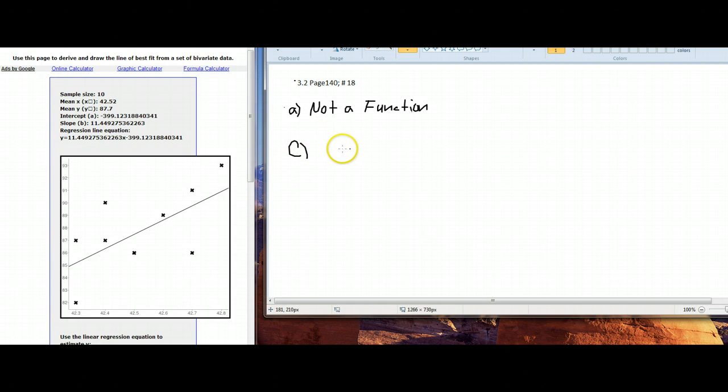Part C, we will say y equals 11.449 times x, and then minus 399.123. The digit after the 9 is a 2, so it stays at 449. This also stays at the 3 because the digit after the 3 was a 1. Now, this is our equation of our line that represents an average of the data.